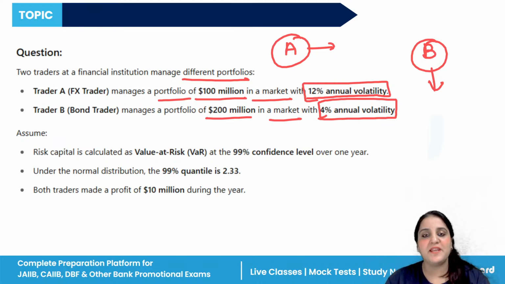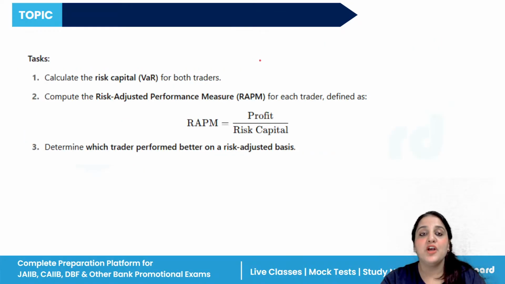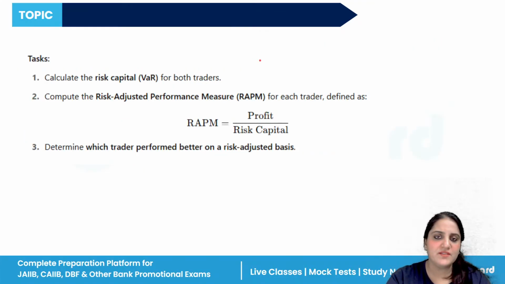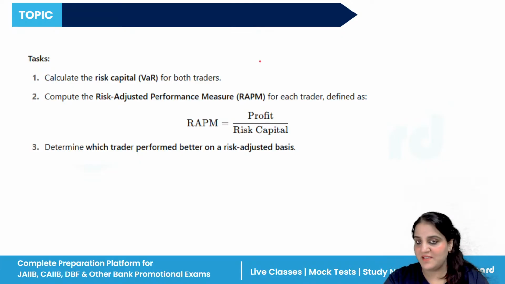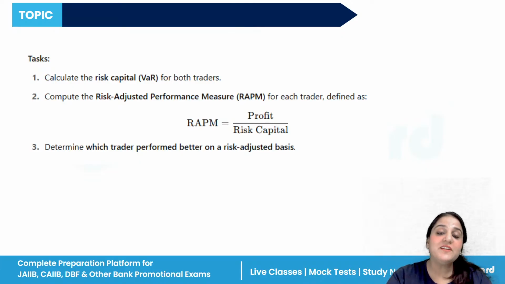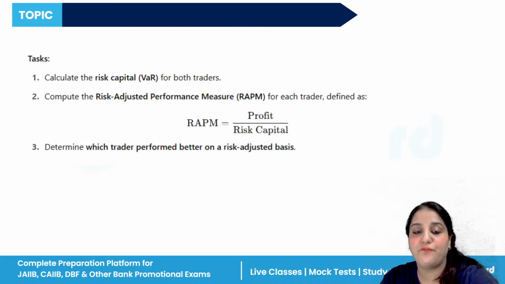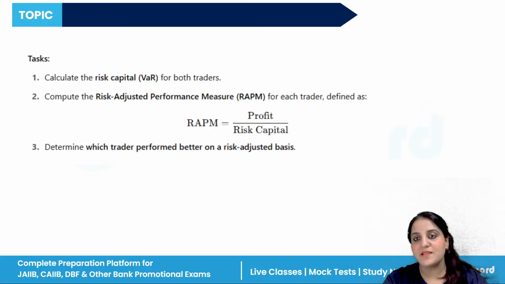Both traders made a profit of $10 million during this year. So we have to calculate risk capital, which is value at risk, for both of the traders. We have to calculate RAPM, the formula is given here. We have to determine which trader performed better on a risk adjusted basis.